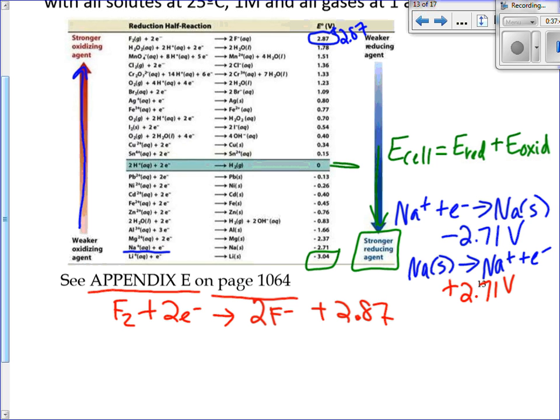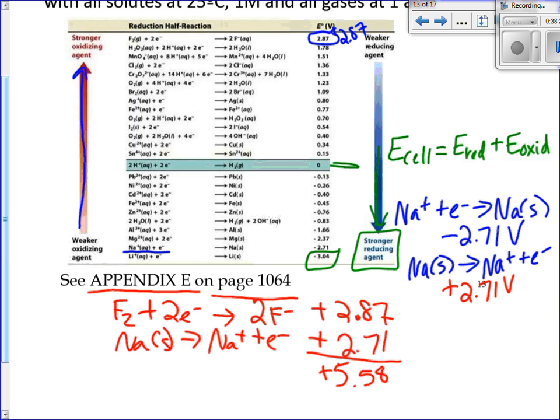And since I'm using the sodium as the oxidation reaction, it's a positive 2.71. I add those together, am I going to get a positive E cell? Yes. So would those two components work together to create an electron flow? Yes, that would be a yes. So this would end up being 5.58. You'd have lots of potential there. So this one would work because you get a positive E cell.